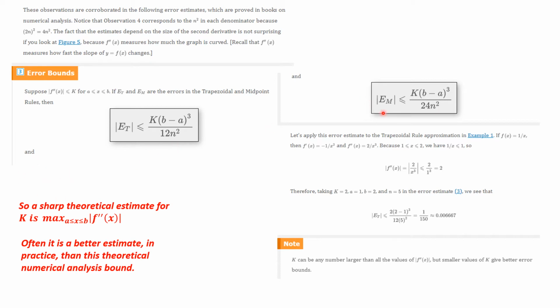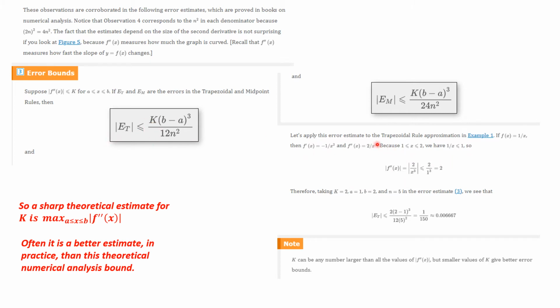And the absolute value of the error in the midpoint rule is less than or equal to K times (b minus a) cubed over 24n squared. So you see they both have n squared in the denominator, and the midpoint rule is actually better by a factor of 2, because 12 is 1/2 of 24. And if you really want to be doing this, you need to get a handle on K.